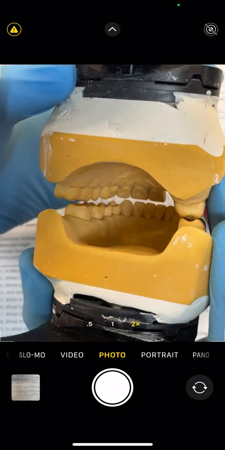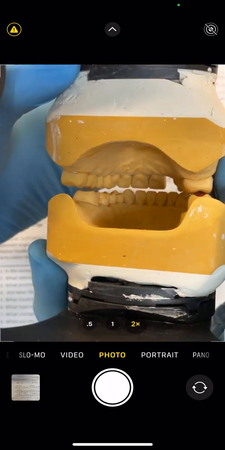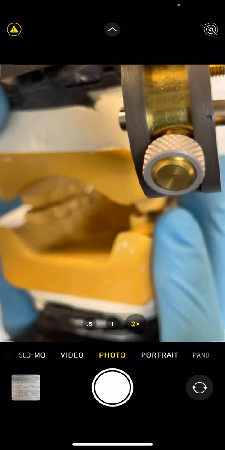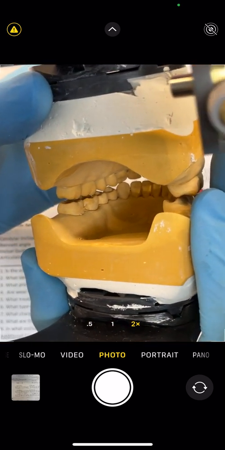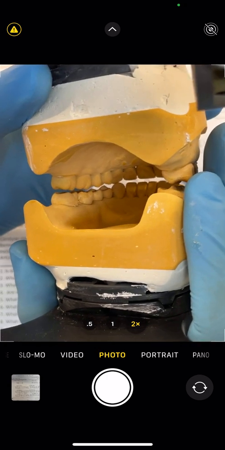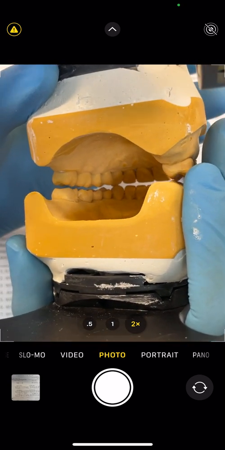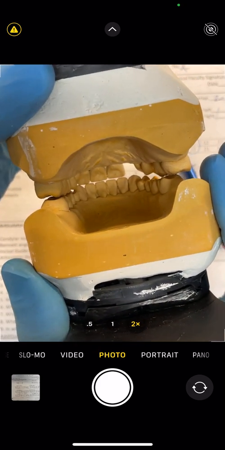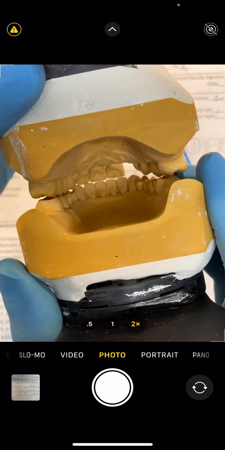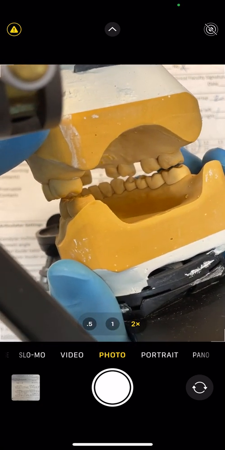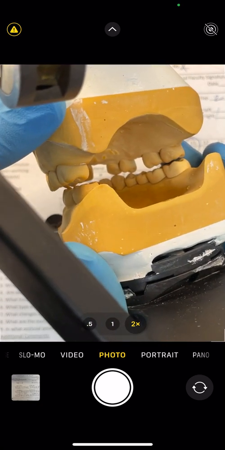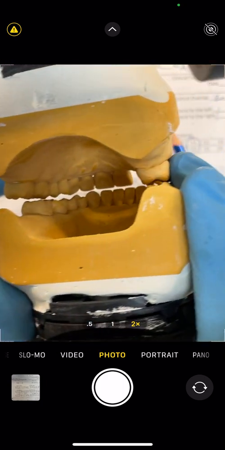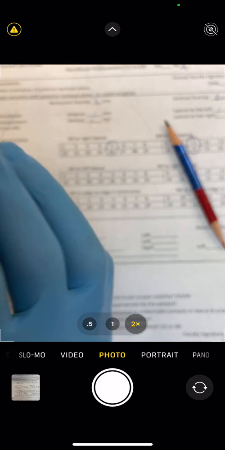On the other side, there is nothing contacting. On the patient left, the canines are riding on each other, so we have canine guidance on the patient left. We don't have any medial-intrusive on the other side. See, the premolar is riding there. No contact on the other side. So no medial-intrusive contact.